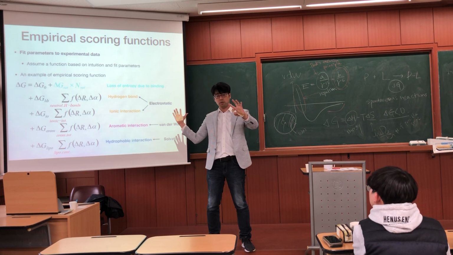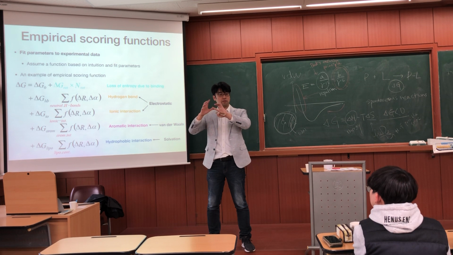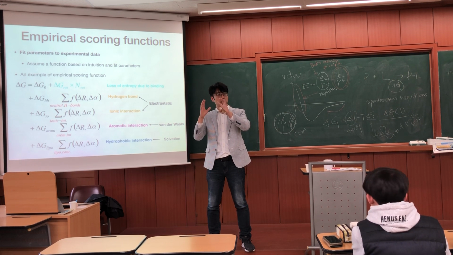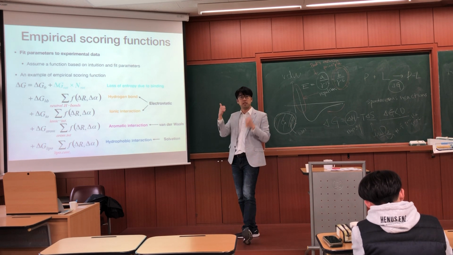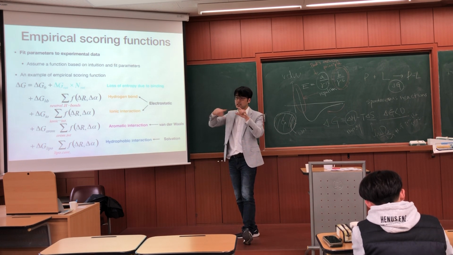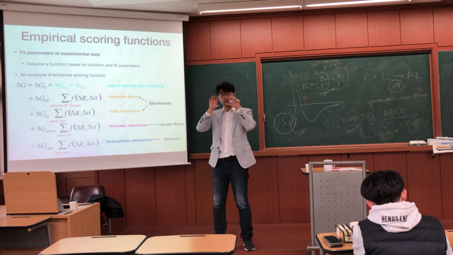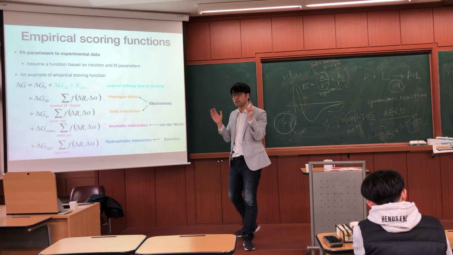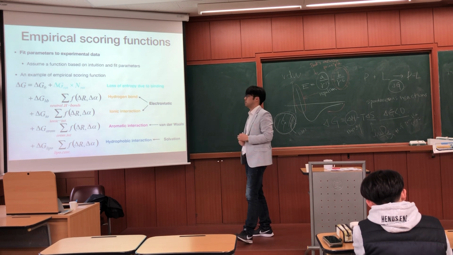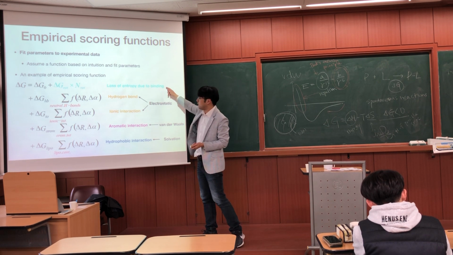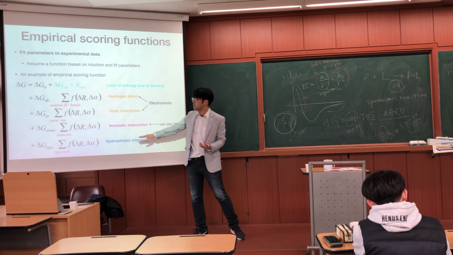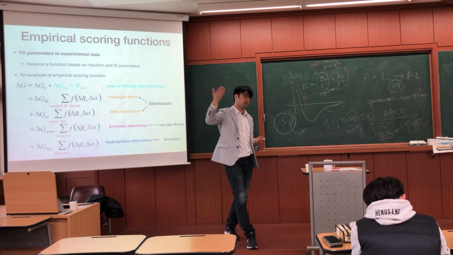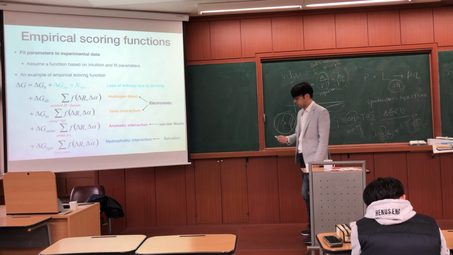But once it is bound with a protein, it cannot rotate freely. So entropy becomes lower. Free rotation means high entropy because it can have many possibilities, but once it is stuck in one structure, then entropy is low, right? So they decided to consider only these terms, and they fit parameters based on experimental data.